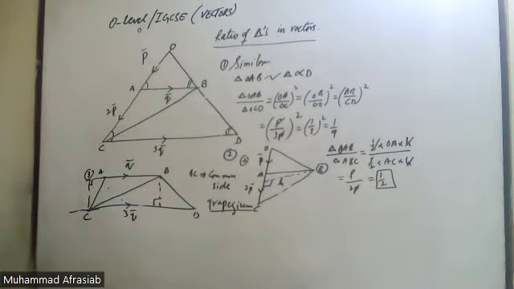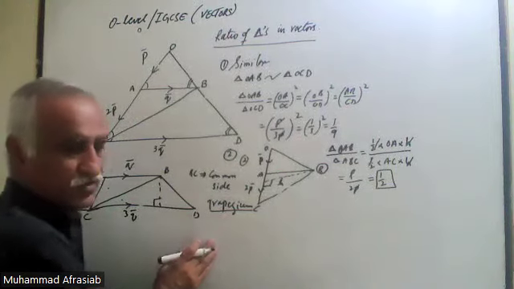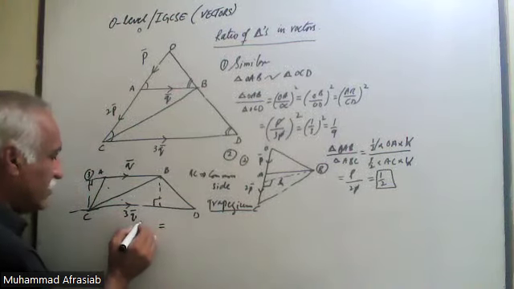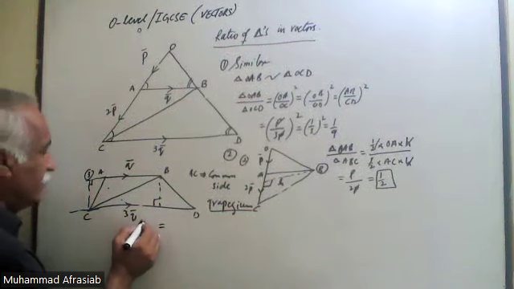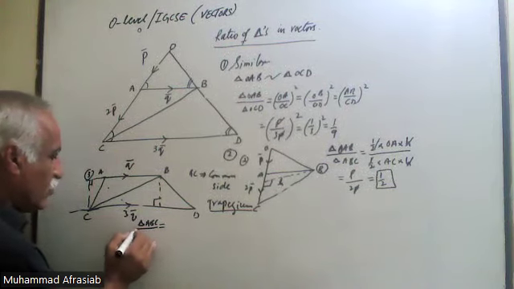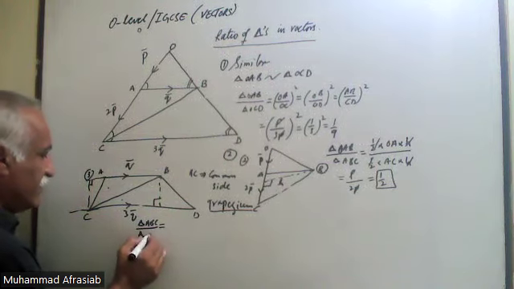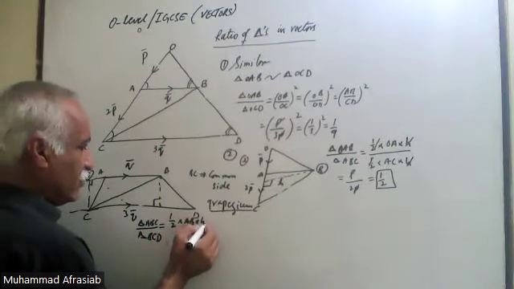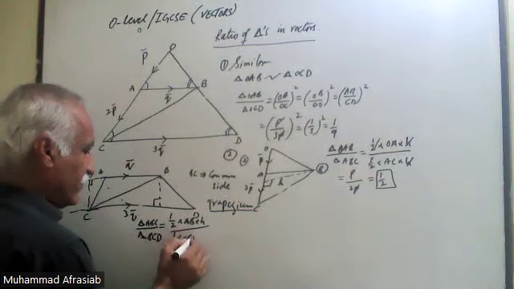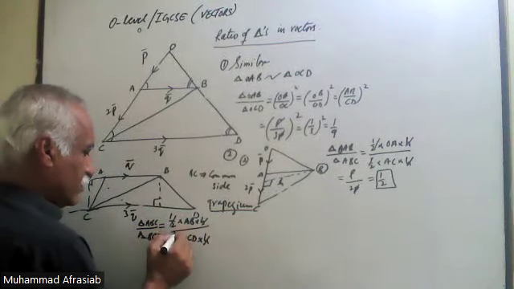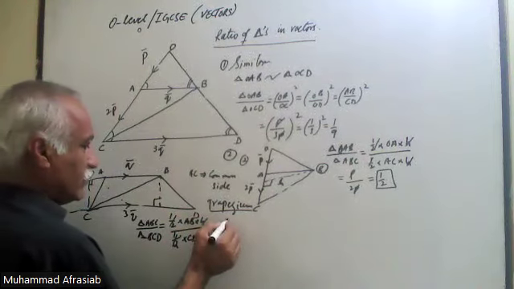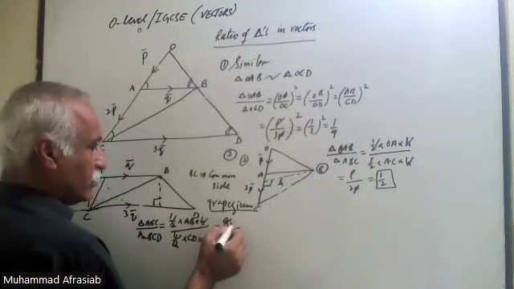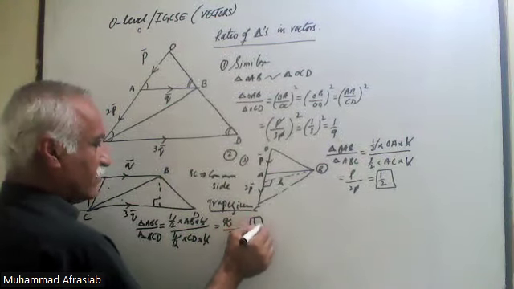So if we calculate it, the ratio between triangle ABC over triangle BCD should be equal to half into AB into height over half CD into height. So AB is equal to Q and CD is equal to 3Q. So the ratio between these two triangles is 1 over 3.